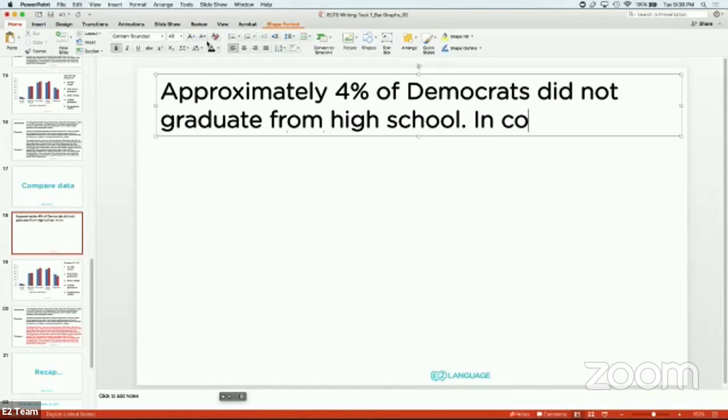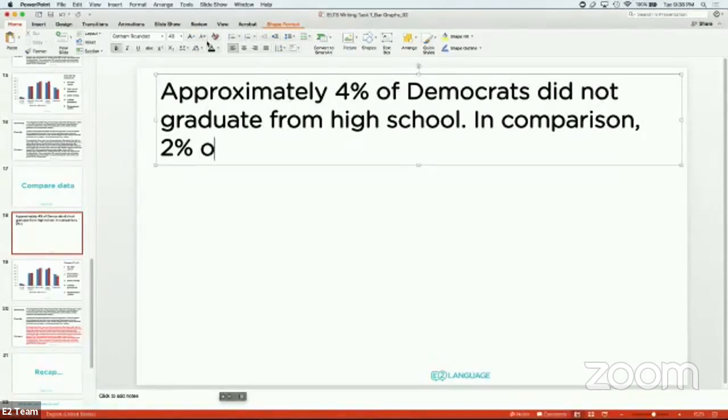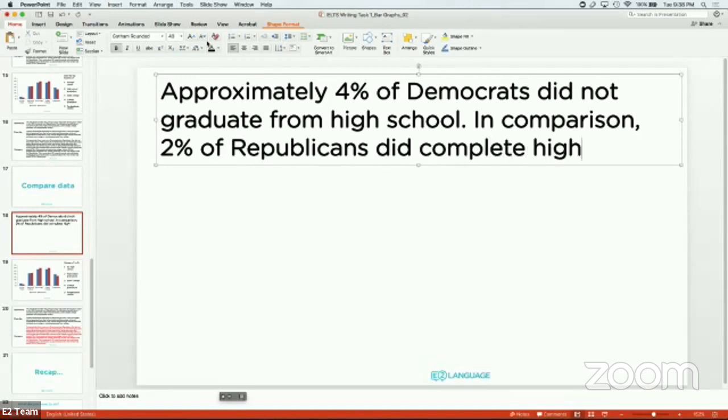In comparison, what can I say? Only 2% of Republicans. Now I need to think about another way to say graduate from high school. Did achieve, did pass, or did complete high school.